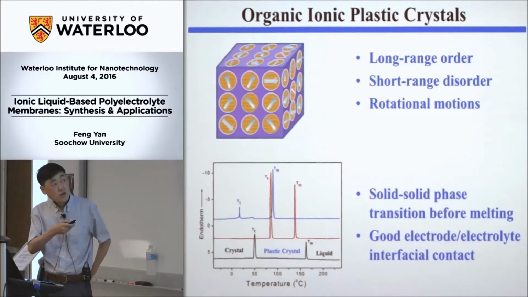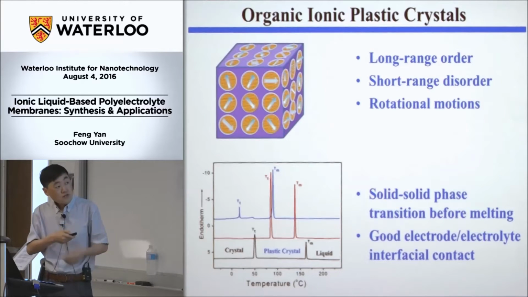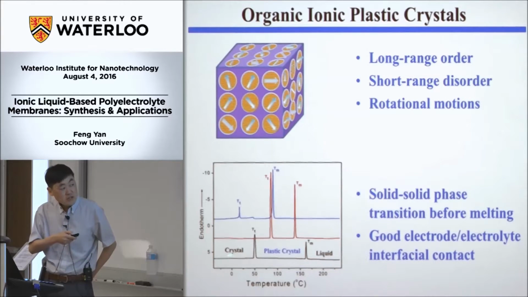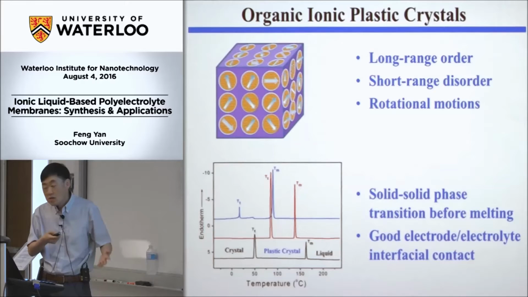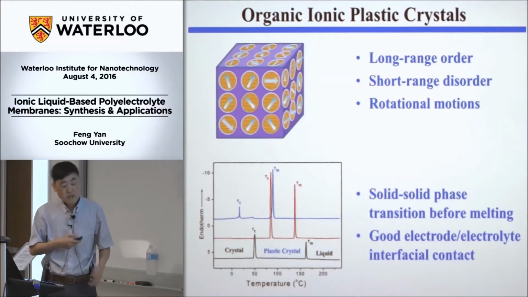For example, they are long-range ordered, but short-range disordered, and all the molecules can turn just by themselves. If you use DSC to characterize the thermal properties of this kind of material, you can find that at lower temperature, below the Tg, it is crystal, and above the melting point is liquid. But between the crystal and the liquid is the plastic crystal.